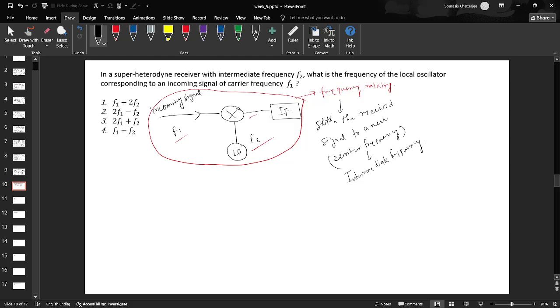Often signals are transmitted over high frequency carriers, right? That we have already seen. When you transmit over high frequency carriers, the frequency content is centered around the carrier frequency, which is a very high value in terms of gigahertz. If you try to process the raw incoming signal at that high frequency, the instruments at the receiver end are very expensive.